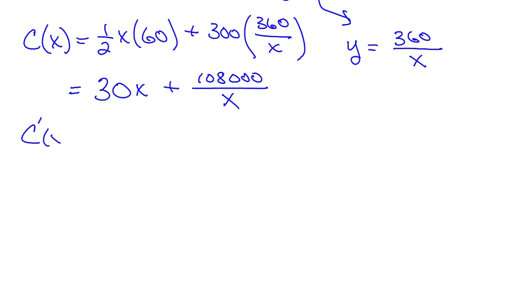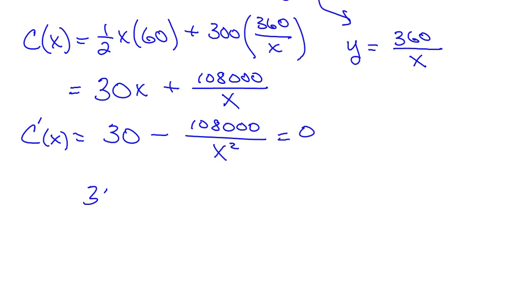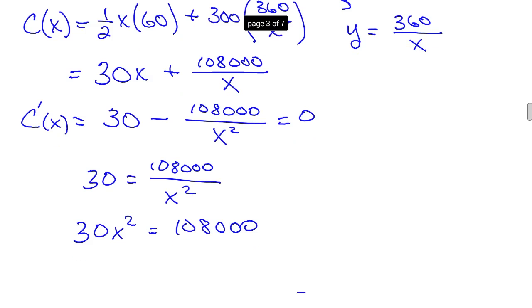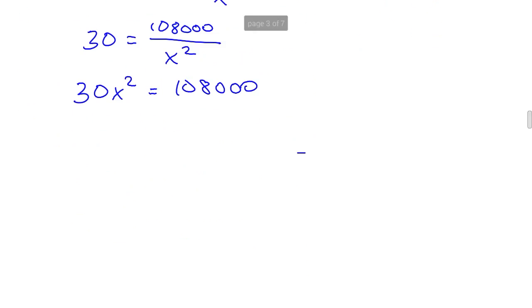Take the derivative, and you get 30 minus 108,000 over x squared. Find the critical value by setting this equal to 0. So you get 30 is equal to 108,000 over x squared. Cross multiply. Divide.